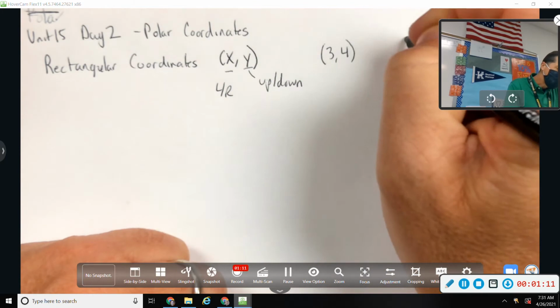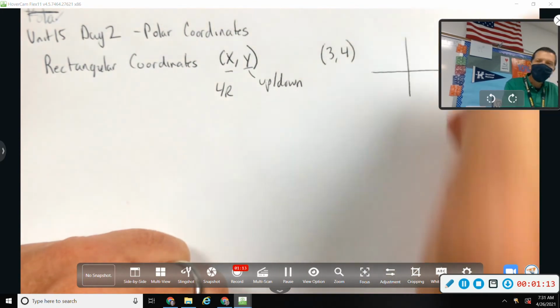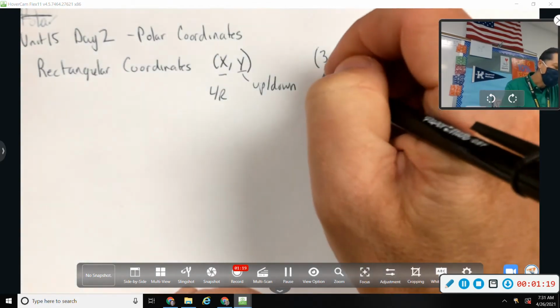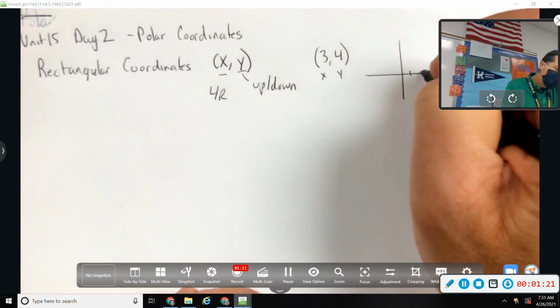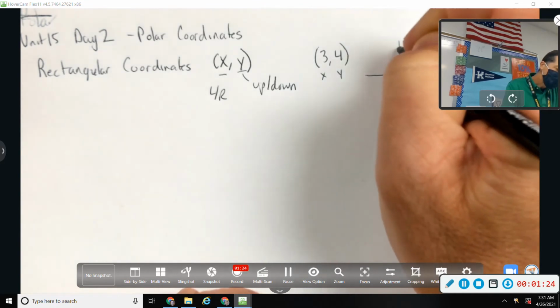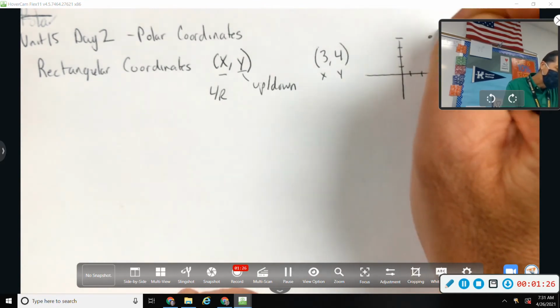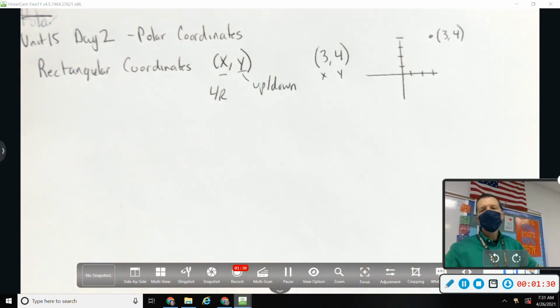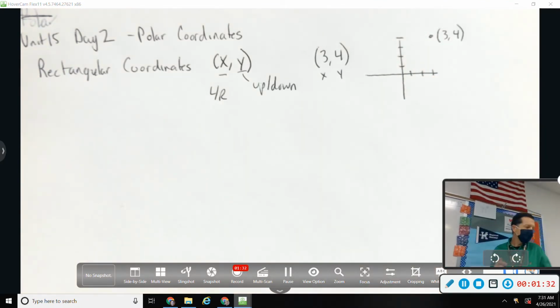So 3, 4, just reminding us how to think about coordinates. That means 3 in the x direction, 4 in the y direction. So there's the point 3, 4 in rectangular coordinates.